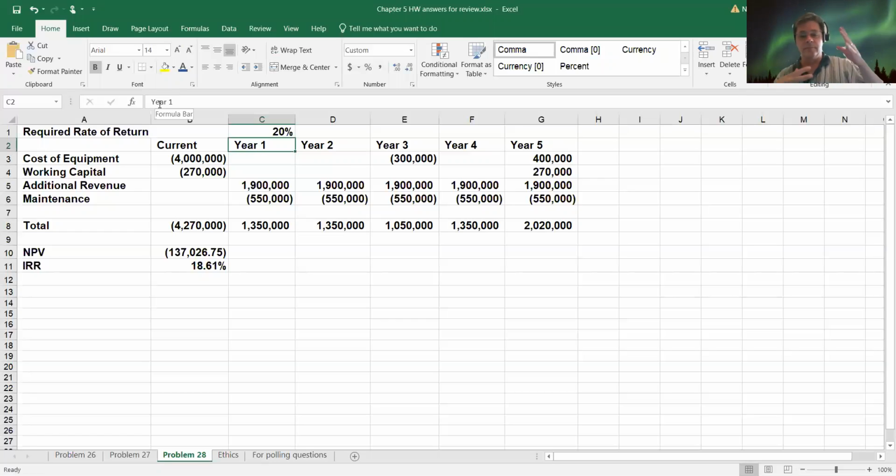So, a big issue is determining our required rate of return. That segues well into our discussion for this week, for this module, on determining the interest rate we should use.